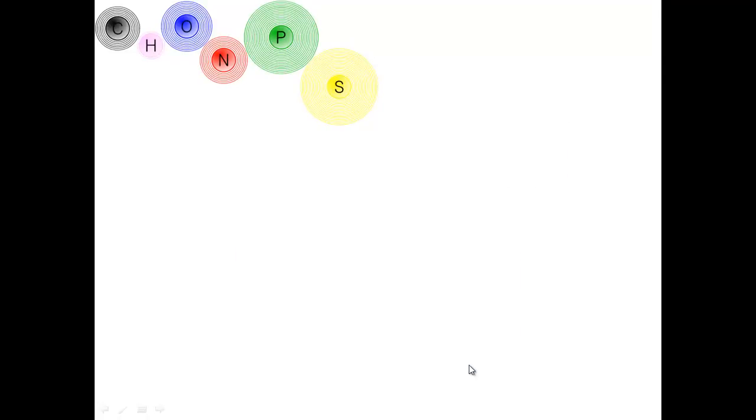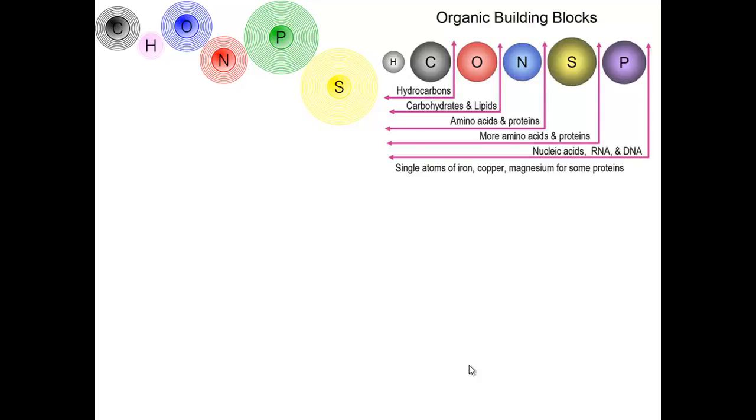Then we have the CHNOPs, the 5 or 6 most prevalent atoms in biological cells and activities. We talked about them as being hydrocarbons. This actually makes the organic section. We put in O, we can start making carbohydrates and lipids, which are two of the basic materials needed for life.